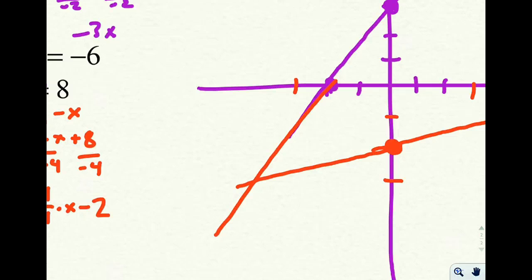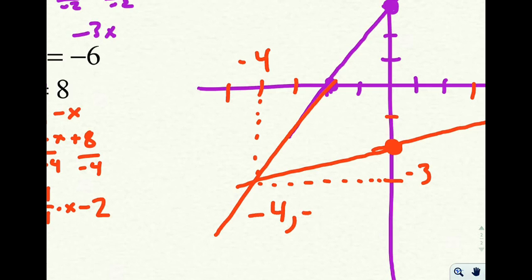If we continue our axes here as evenly spaced as we can, my guess is if you follow that across, we're 3 down, and we are approximately 2 over from where the last point was. So 4 back from the x, 3 down from the y. So our point of intersection is probably around (-4, -3).